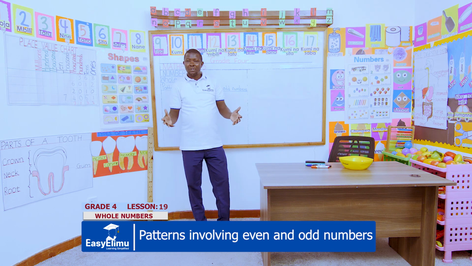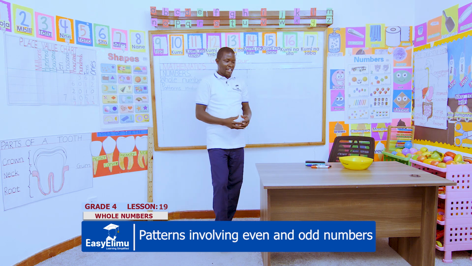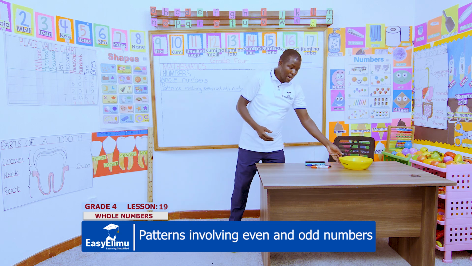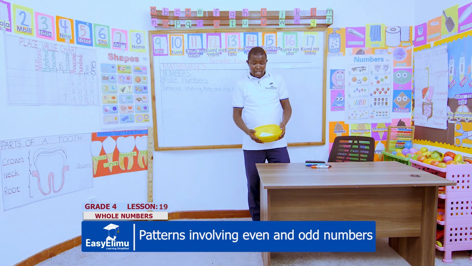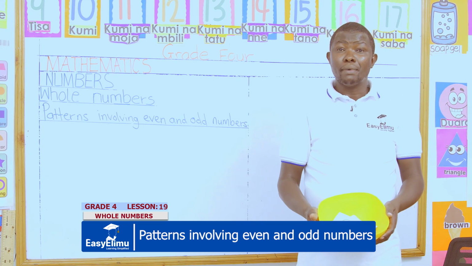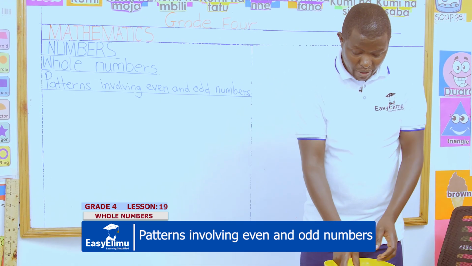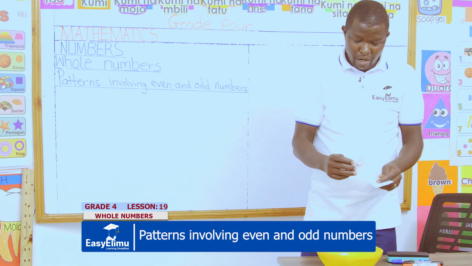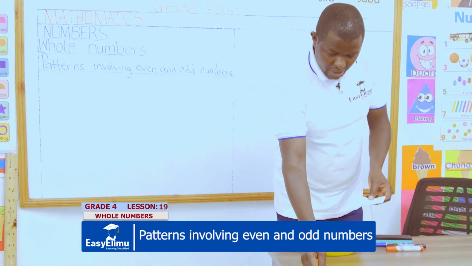Now I would like us to go into our pairs. Today I have some number cards with me, and I want us to identify the even numbers here. I will arrange them on our table. This is number 6.